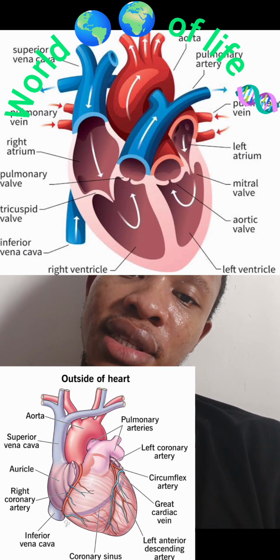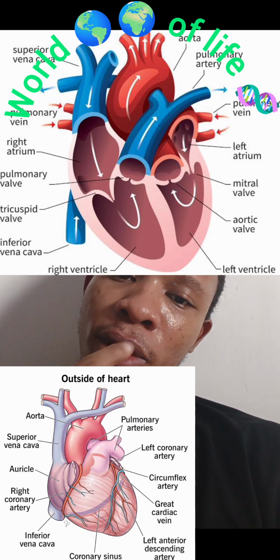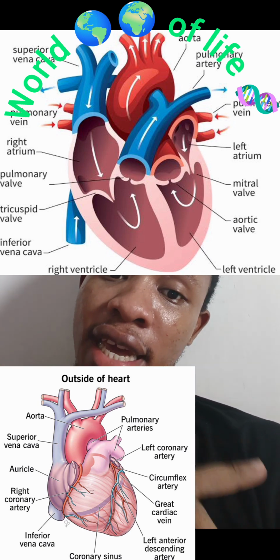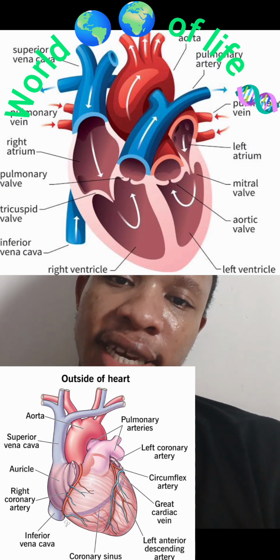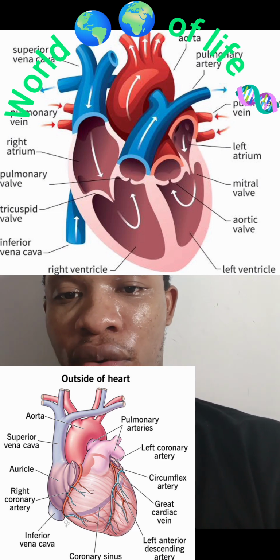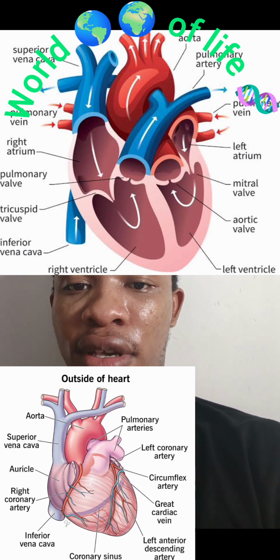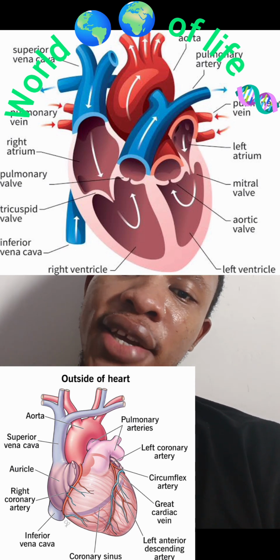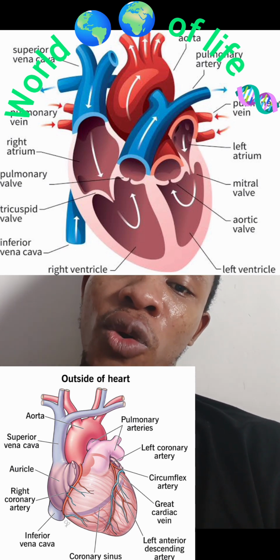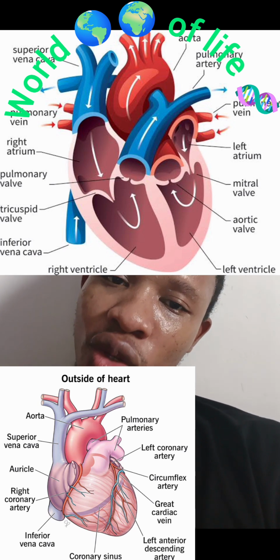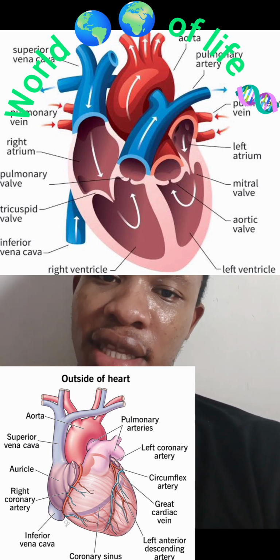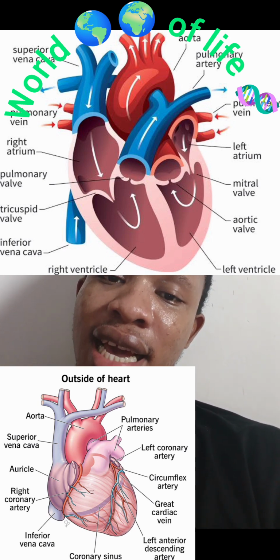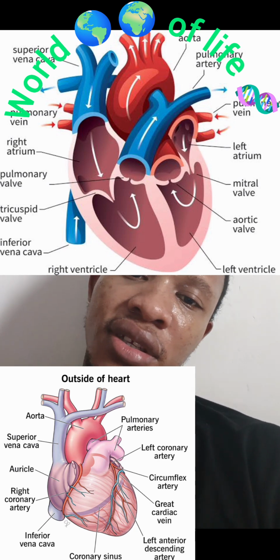After it pumps the blood for oxygenation, it will flow through the pulmonary vein to the left atrium. When it flows through the left atrium, it will enter into the left ventricle and flow through the aorta into the other parts of the body. That is how the heart functions.